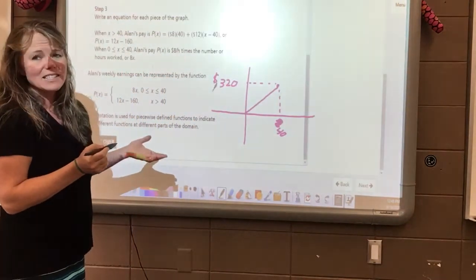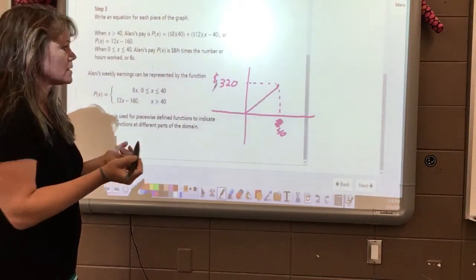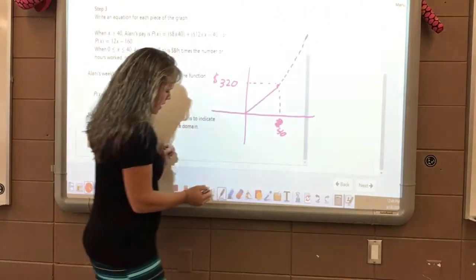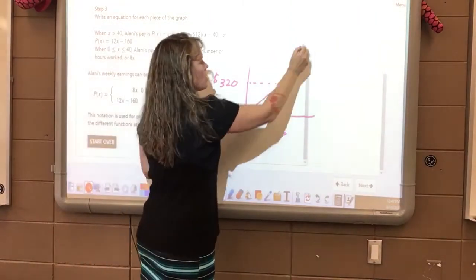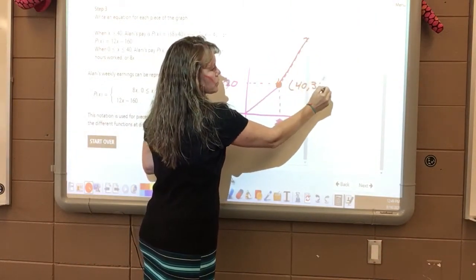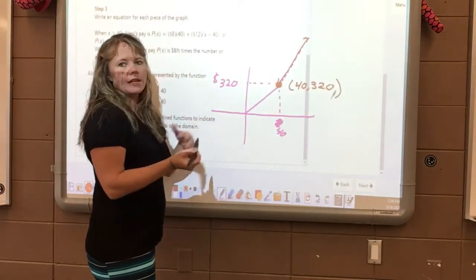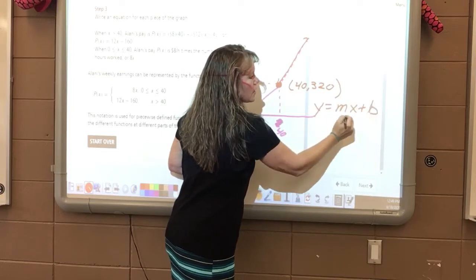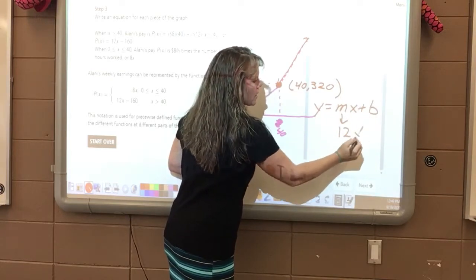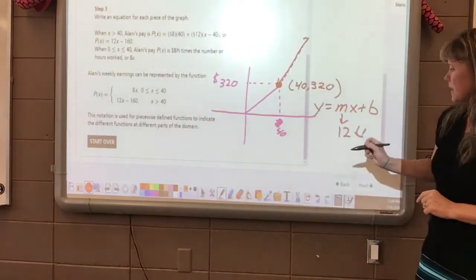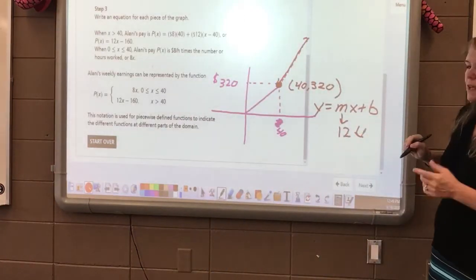So the way I like to do this, and I think your Math 1 teachers might have taught you, was you have this equation for the other part. We know a point on the graph, 40 goes with 320, right? And then y equals mx plus b, we know the m is 12. We know our x value, we're just going to borrow that point for just a minute to solve for b. This is how I would do it.